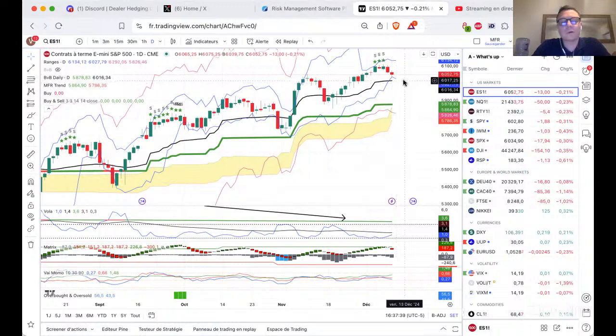We hold for a few days and then start the next leg up again. But I'm still open to a deeper sell-off, maybe back to trend. For now, I'm definitely not thinking of buying.